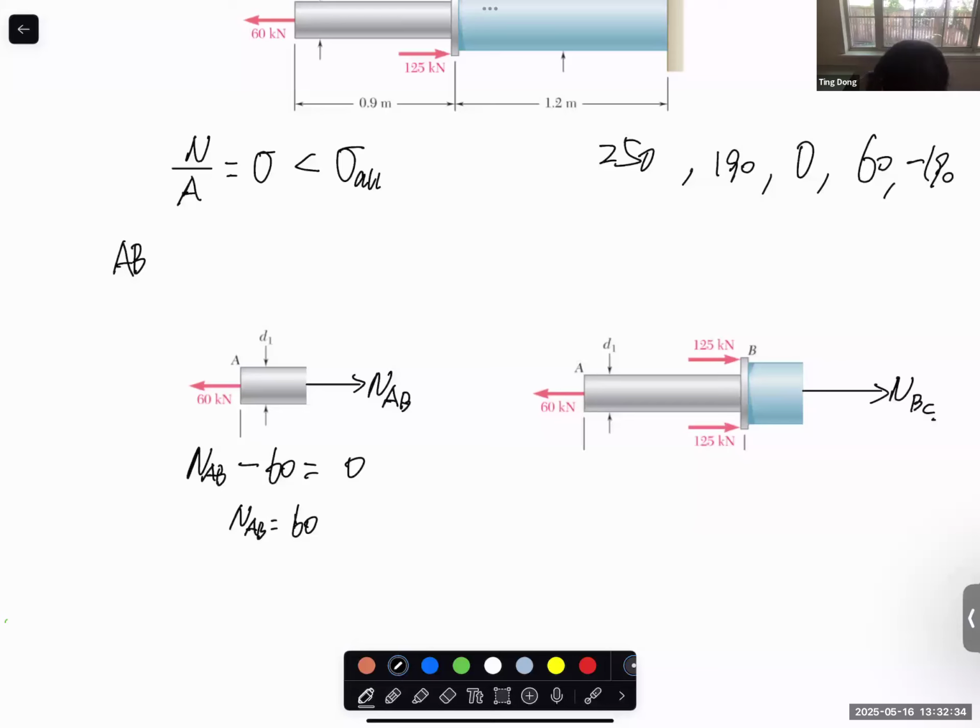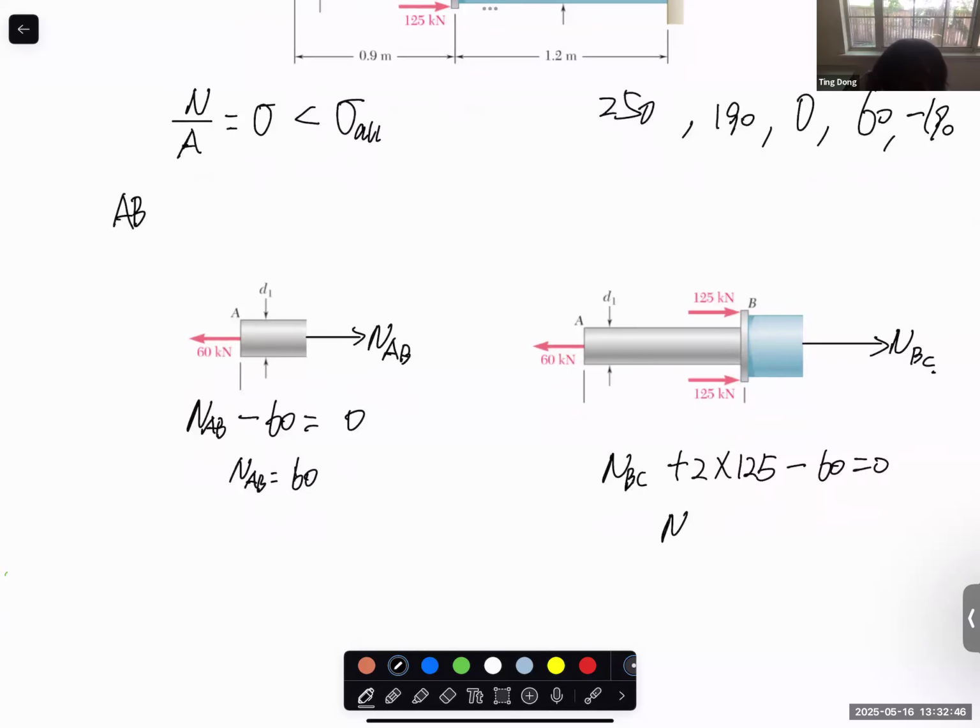So we have positive NBC, 125 in the positive direction, 60 in the negative direction, and NBC equal to negative 190 kilonewton. Any question for this internal force in the AB section and BC section?